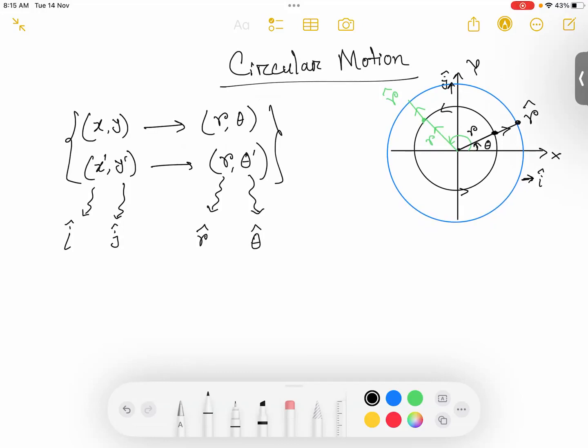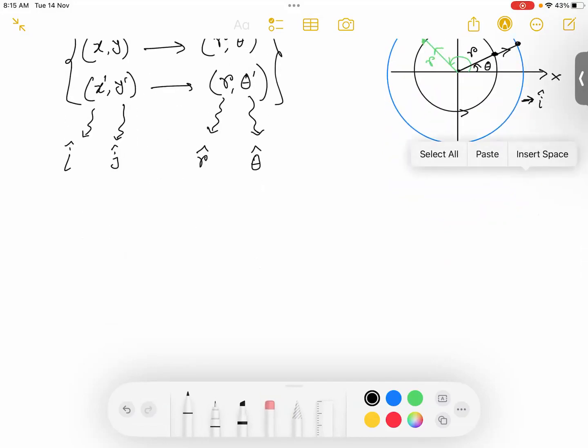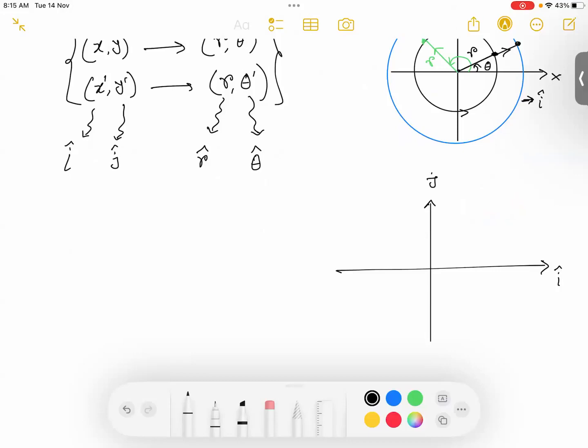In this case, we defined our positive theta to be anti-clockwise, right? Since theta is increasing in the anti-clockwise direction, but we need a specific direction, right? So let me just remove this. I'll draw another circle here. So this is basically your r, this is theta, and this is the r hat direction here.